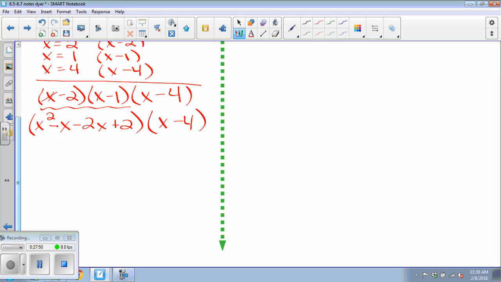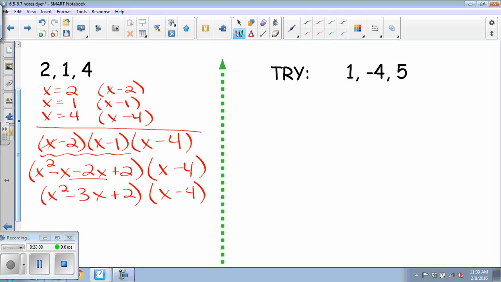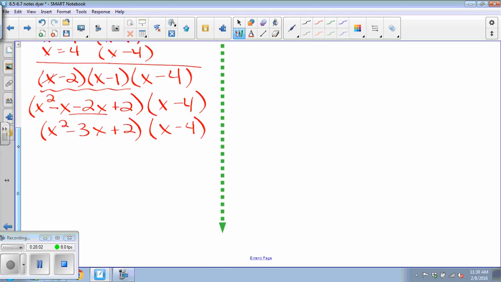Okay, we need to simplify this before we move on. So that's x squared minus 3x plus 2 times x minus 4. Now, remember, I have 3 answers, so my polynomial better end up being a 3rd degree polynomial. It's going to start with x to the 3rd power. Okay? So now I have to take this and multiply it times this.